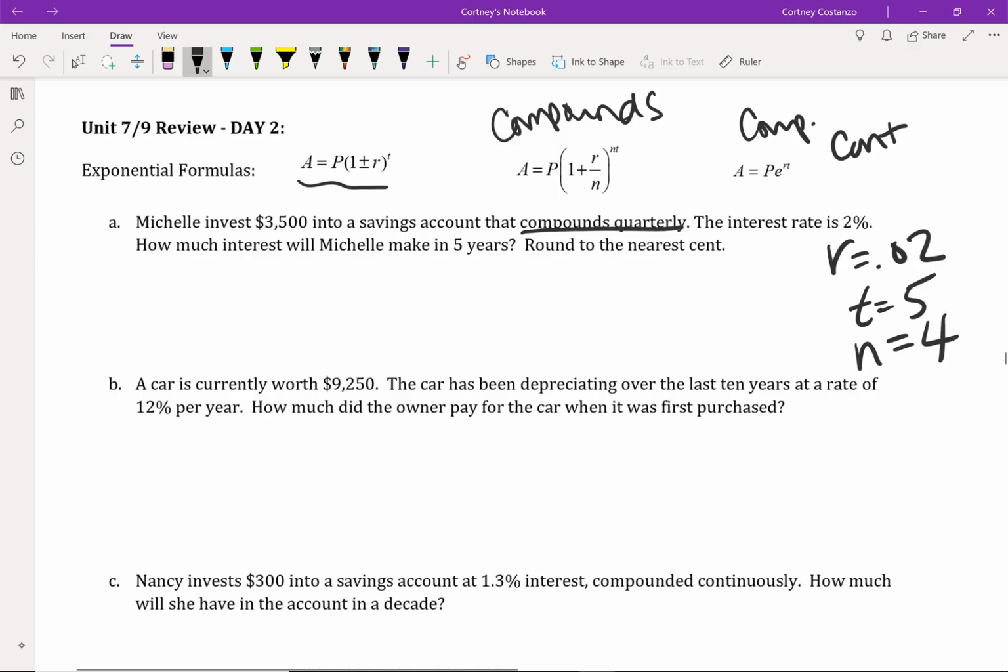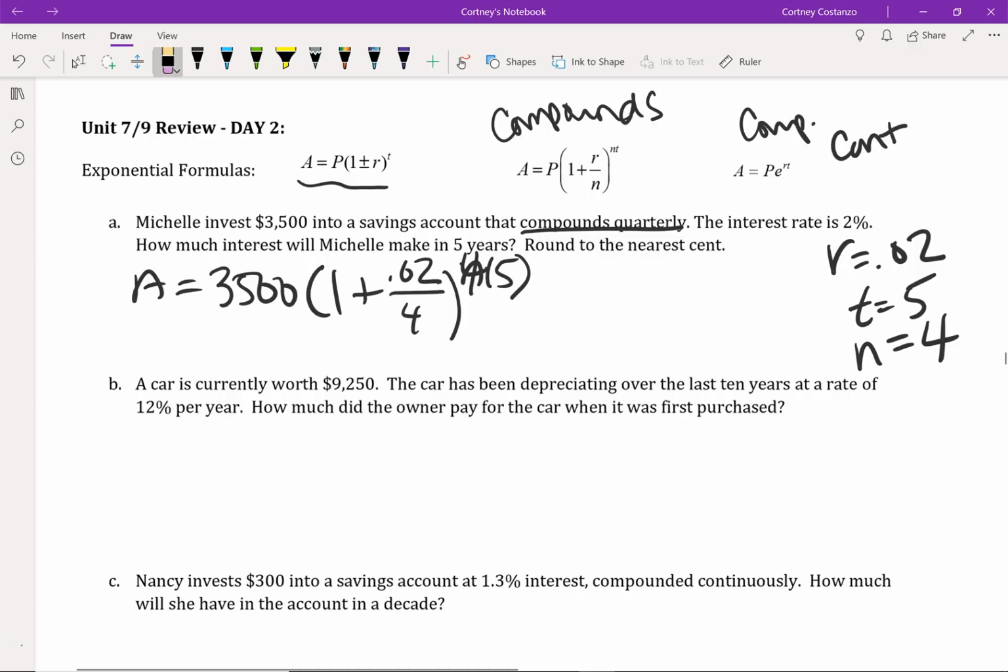And if she invests $3,500, I would plug that all in for P. 1 plus the rate divided by the number of compounds raised to the 4 times 5. And you would literally just type that in your calculator and round to the nearest penny, which ends up being $3,867.13.